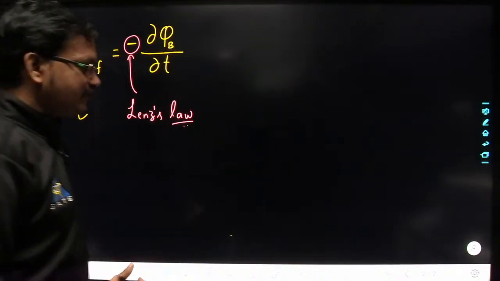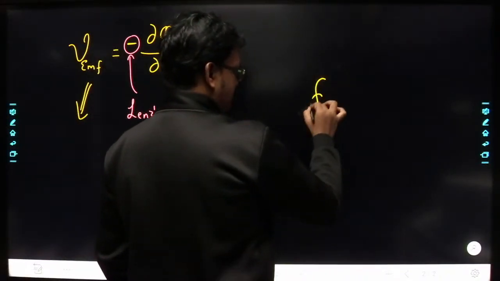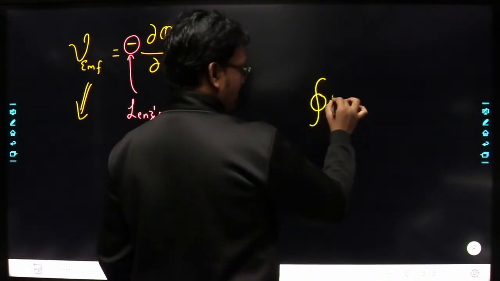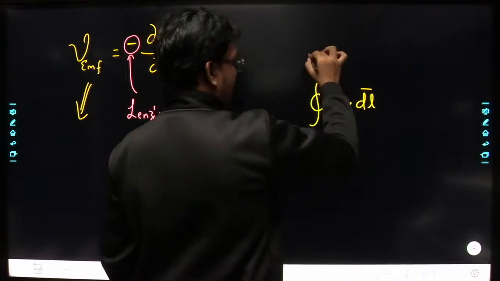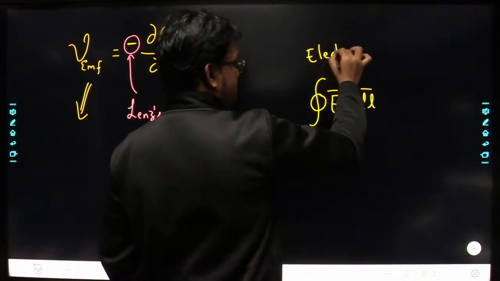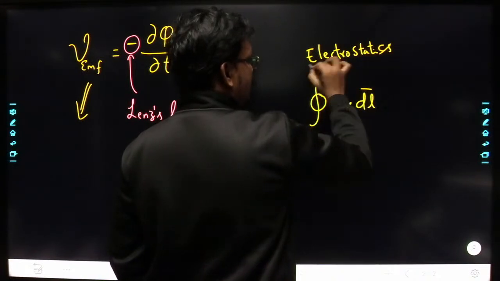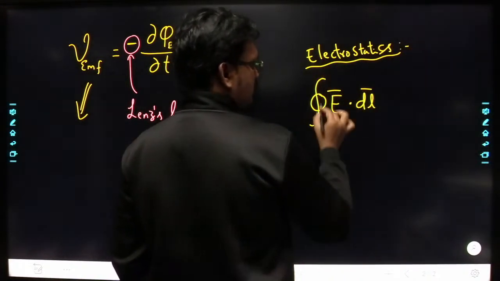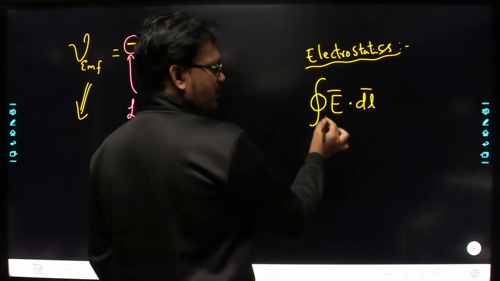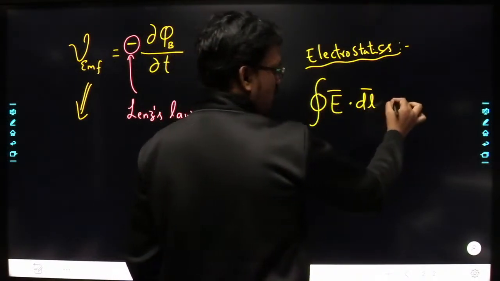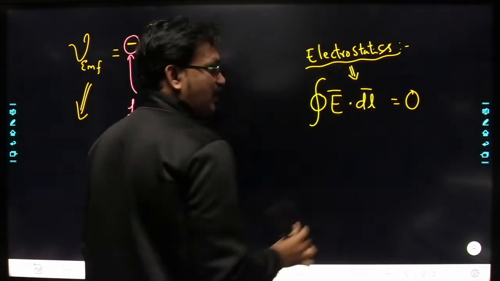While dealing with electrostatics, we have seen this expression, the closed loop line integral of E bar dot dl bar, the circulation of electric field around any closed loop, which is always equal to 0 in the case of electrostatics.